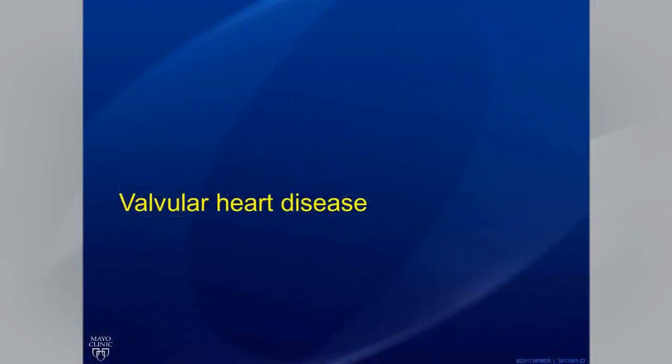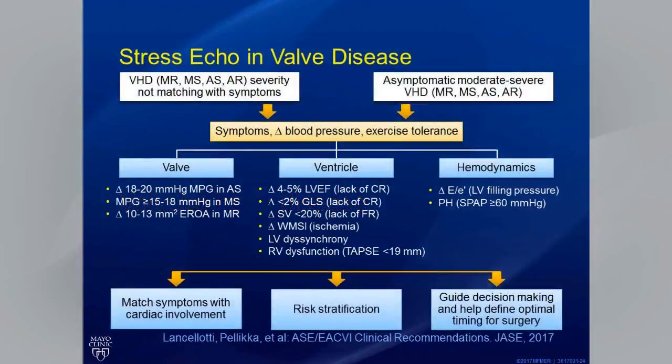Now, stress echo can also be applied to assessment of challenging patients with valvular heart disease, and this is a very exciting and growing area of our practice. With valvular heart disease, we can evaluate patients with mitral regurgitation, mitral stenosis, aortic stenosis, or aortic regurgitation, where the severity does not seem to match with the symptoms.